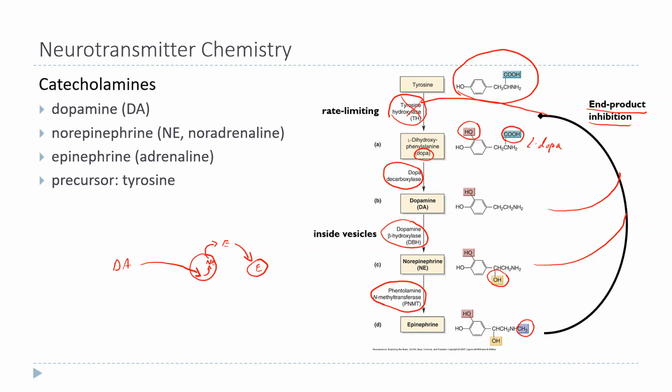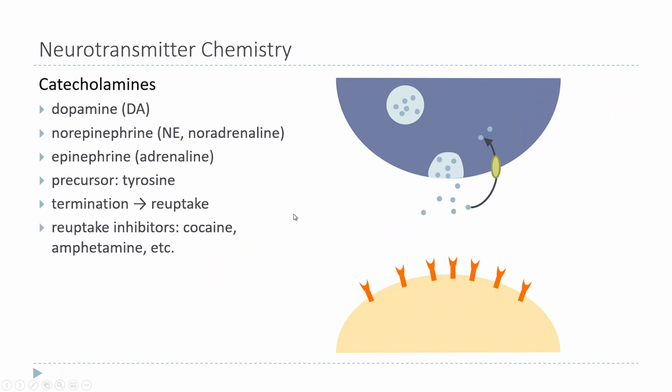So the product of the enzyme or one of the downstream products from the pathway go back and inhibit one of the earlier steps, just to make sure that the amount of that neurotransmitter doesn't get too high, or the precursor doesn't get used up too quickly. But again, this is another way that the levels of these molecules are regulated.